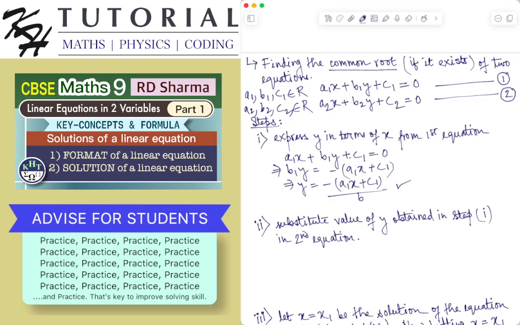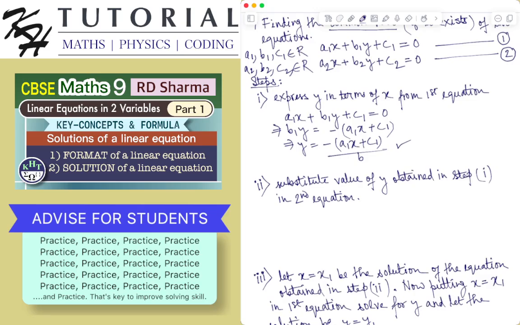In the second equation, if I substitute y with the expression in terms of x that I got from step 1, it will be a2x plus b2 times negative of a1x plus c1 divided by b1, and then plus c2 equals 0.